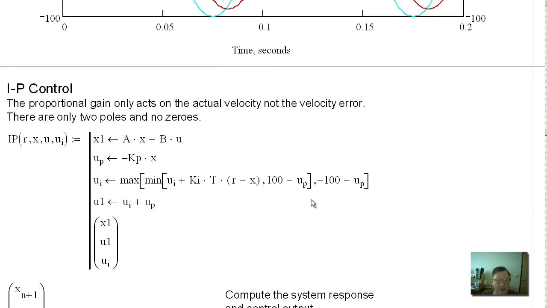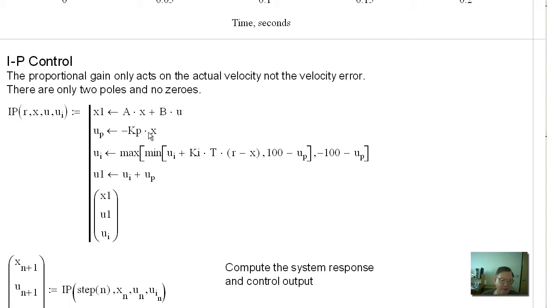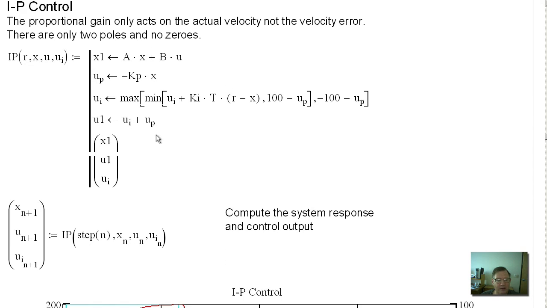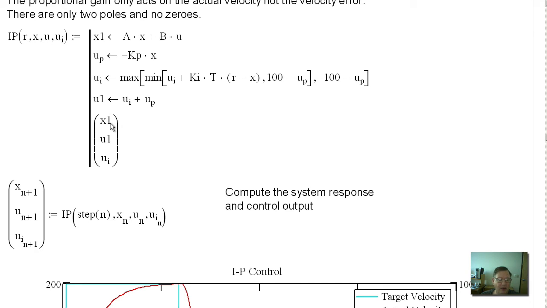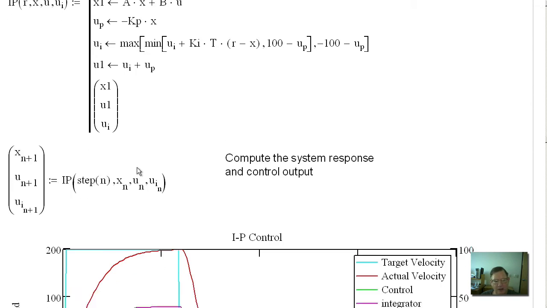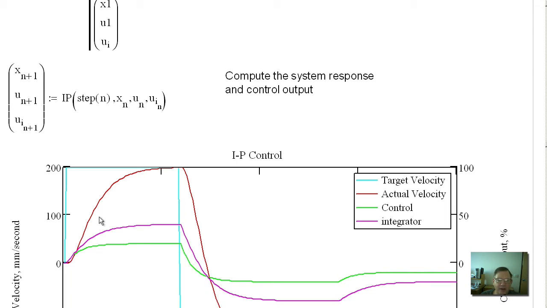This is the I minus P control. This is identical to what was done up above, except now the proportional term only acts on the actual velocity, and then we still return a new velocity, new control output, and the new integrator term. But you can see that because there's no zero in this system, it can't cancel out one of the poles, so the response is much slower.